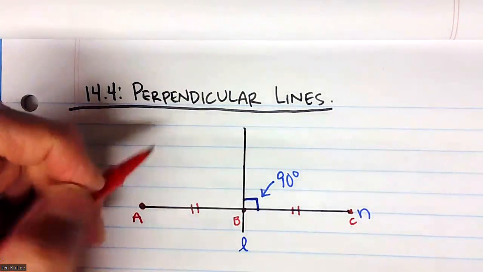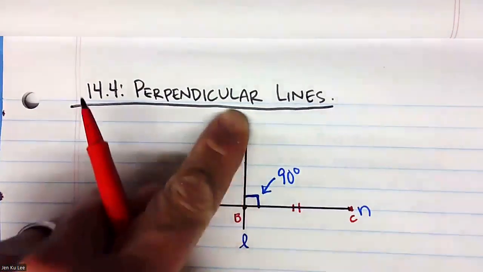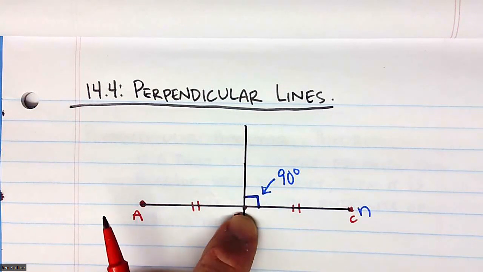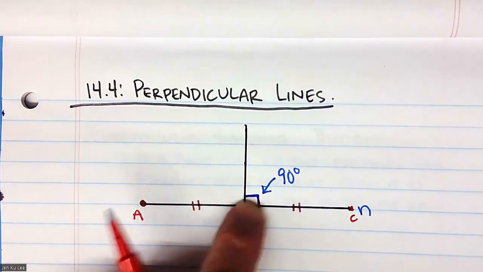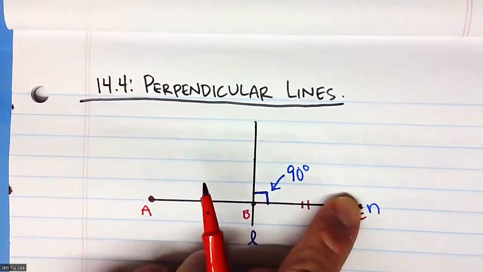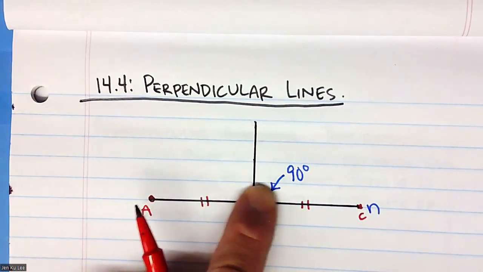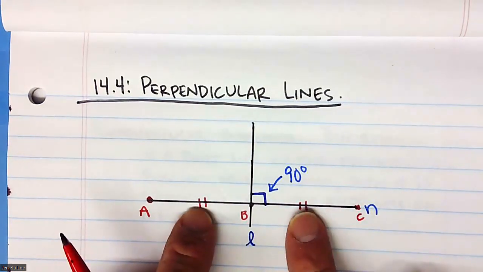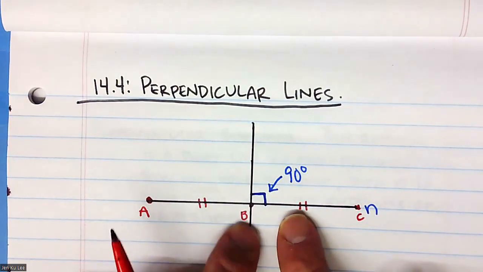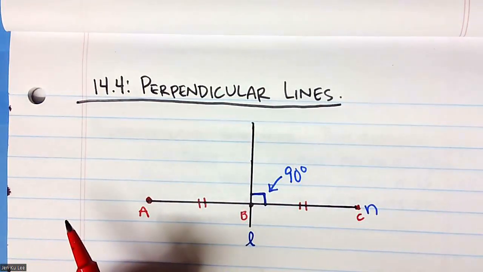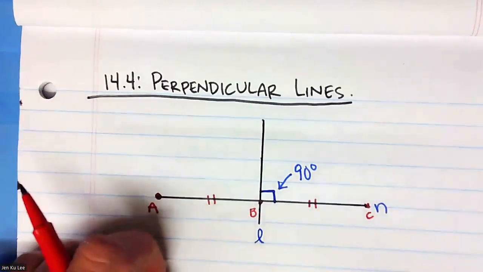If line L is the perpendicular bisector of segment AC, that means it's perpendicular and it cuts this segment in half. That's the big idea.